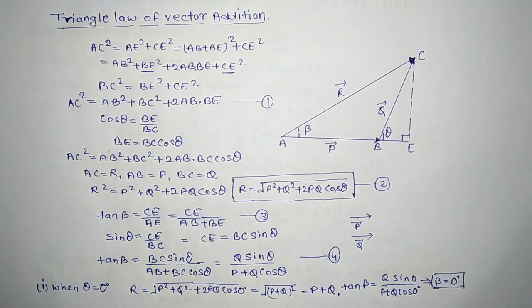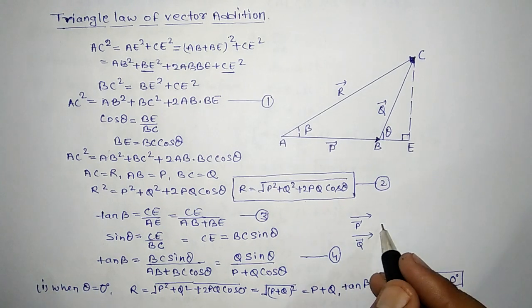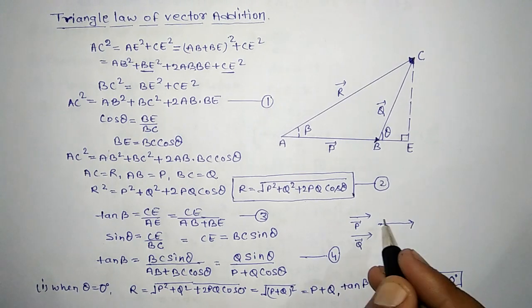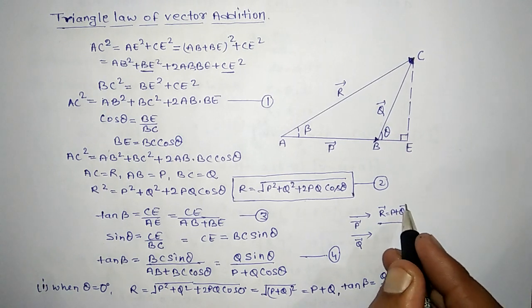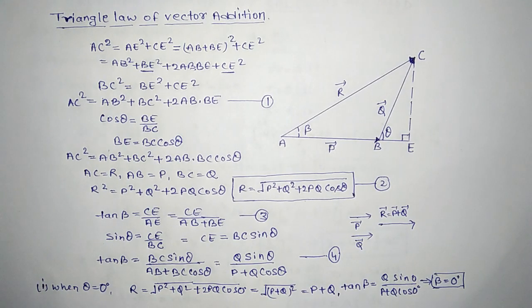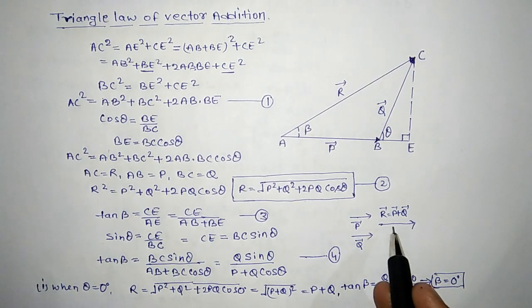It means that when theta is equal to 0, or the vectors act along the same direction, then the magnitude of the resultant is equal to the sum of magnitudes of the two vectors. We can represent R here, which is equal to P plus Q, and it acts along the direction of vectors P and Q.